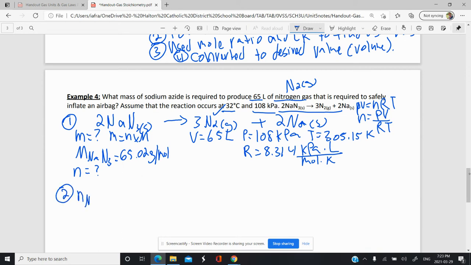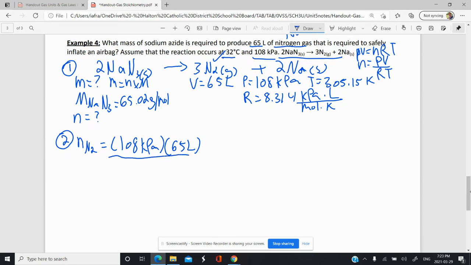So the number of moles that we do know is equal to the pressure, so 108 kilopascals, times the volume, which is 65 liters. And we're going to divide that by the RT. So we have 8.314 kilopascals liter over mole Kelvin times the temperature, which is 305.15 Kelvin.